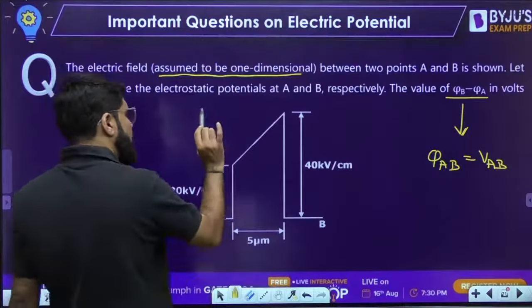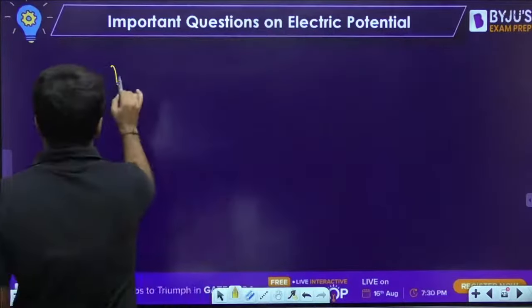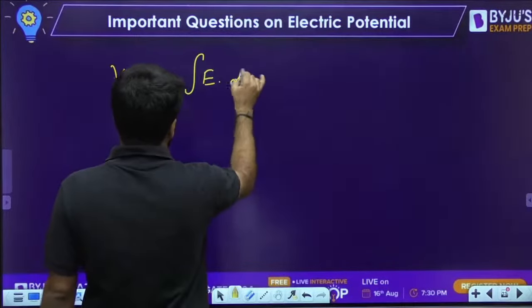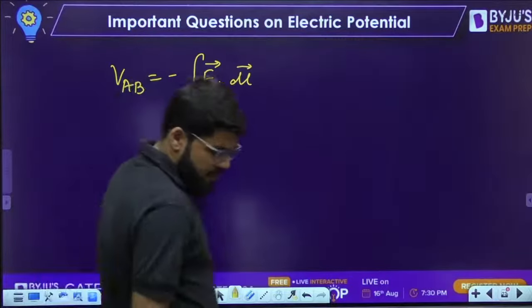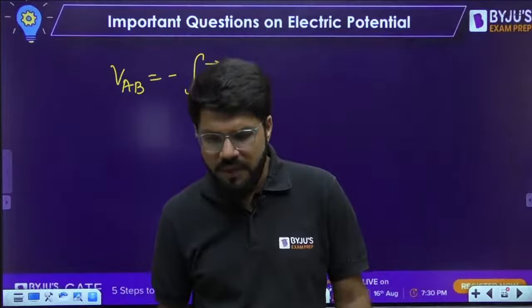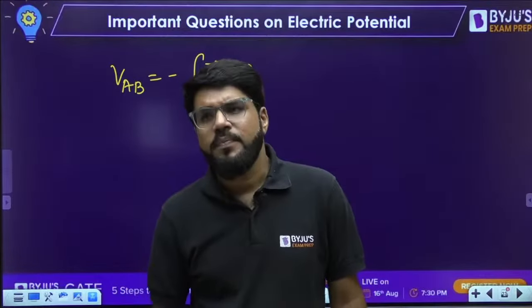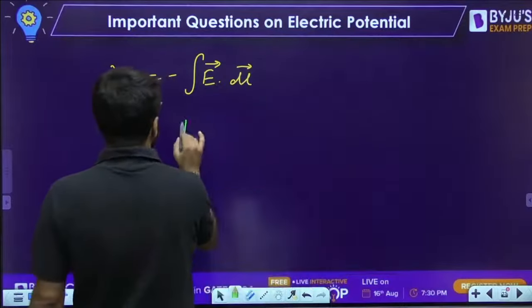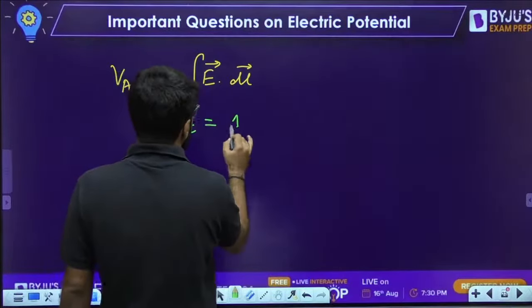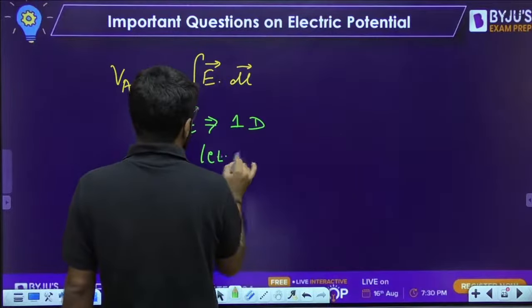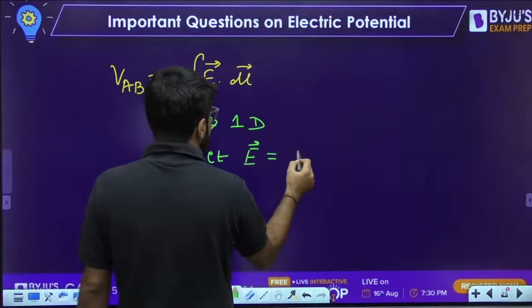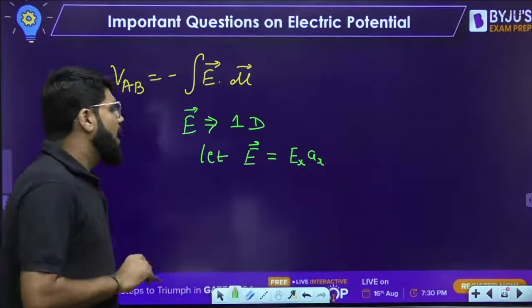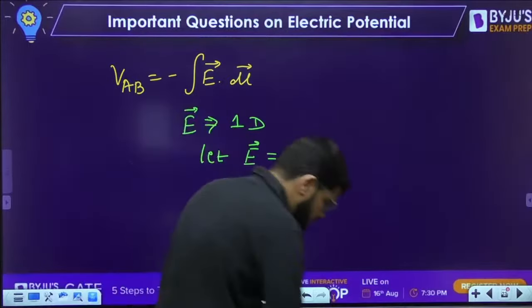Now we all know that, VAB is the negative of the integral E dot dl, and already we have taken questions on this point. Hi Jagdish. Now here the electric field is in one dimension. Whenever you have an electric field in one dimension, let us say it's only in the x dimension, so it will have an x component in the ax direction.